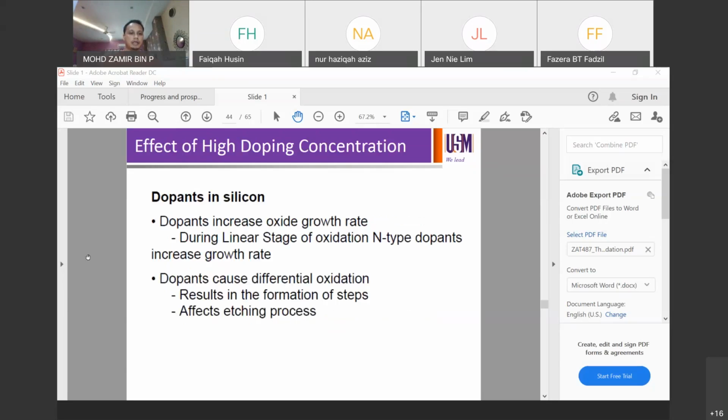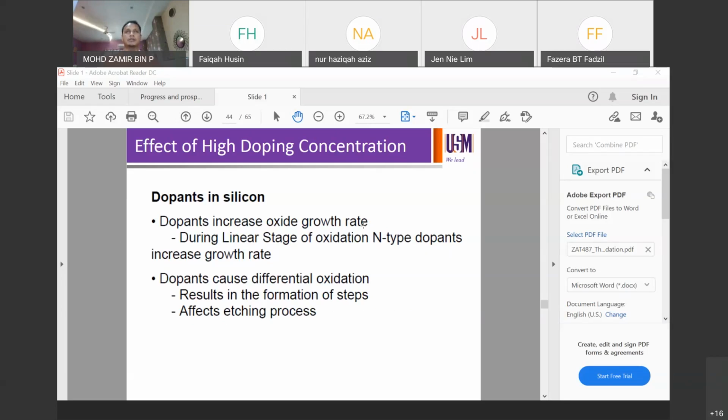So now let's look at effect of high doping concentration. If you're comparing your wafer doping of perhaps 10^12, 10^14, 16, 18, 19, or degenerate silicon, you will see the effects. Dopants in silicon increase oxide growth rate. So the higher the doping level, the higher the growth rate.